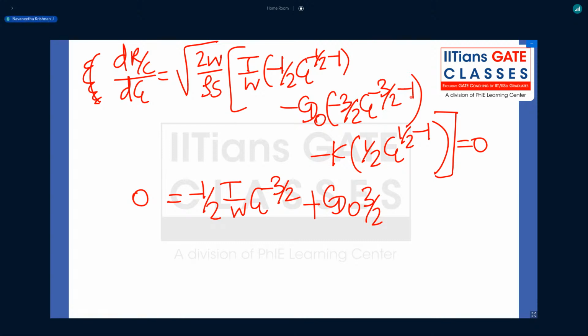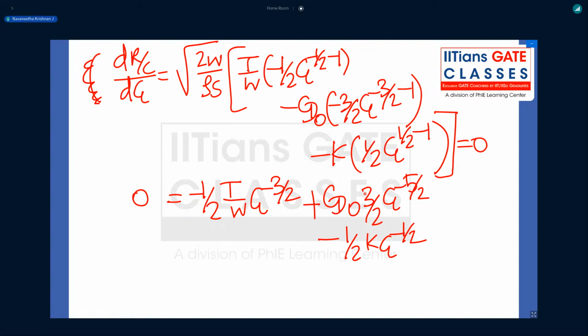CL power minus 3 by 2 minus 1 will become CL power minus 5 by 2, minus 1 by 2 K. CL power 1 by 2 minus 1 will become CL power minus 1 by 2.